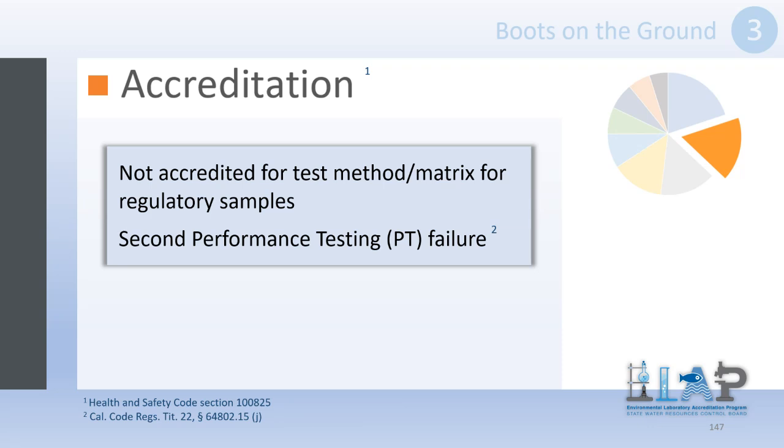And then the second thing we see on the accreditation side is a PT failure for the second time. And so, you know, the regulations are really specific. So 9 went into this a little bit, but for second failures, laboratories need to suspend for that FOA, no longer report regulatory for that. So we did see some of those last year. Next slide.